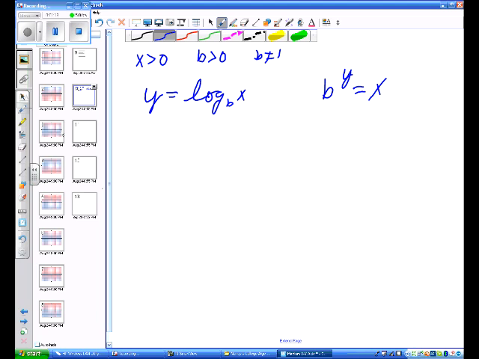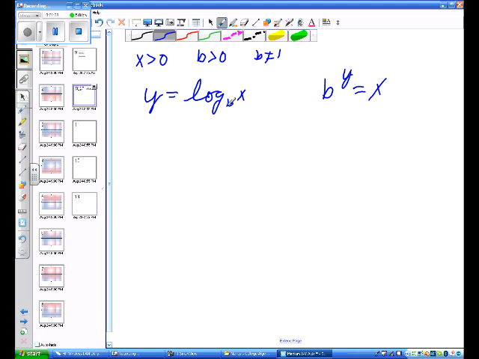Now, the way that we read this is y is equal to log base b of x. We're going to be looking at changing from logarithmic form to exponential form. So if you learn to read this correctly, then you know where several of the things go.